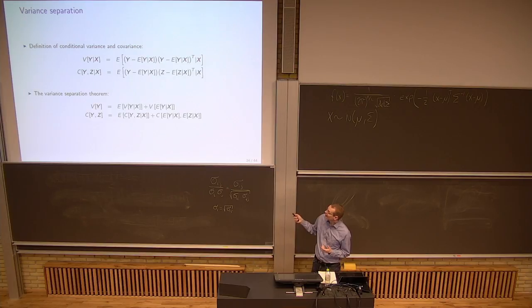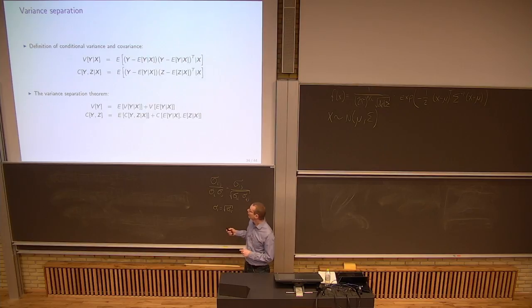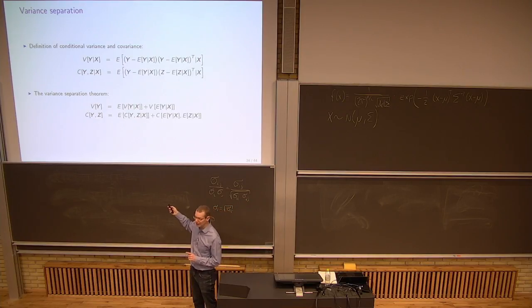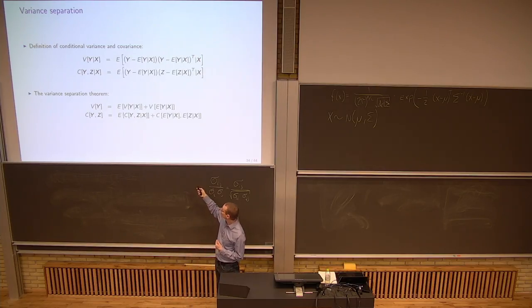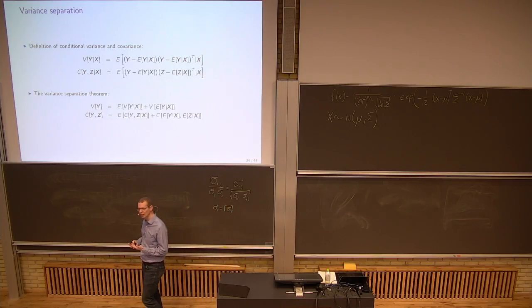Now, if we combine this with things on the previous slide and do the math, this is one of the things, again, why do we want to have these calculation rules? You'll see later. So the variance of y, you can split that into a sum of 2 elements. It's the expectation of the conditional variance of y given x plus the variance of the conditional expectation of y given x. So why at all consider doing things more complicated?